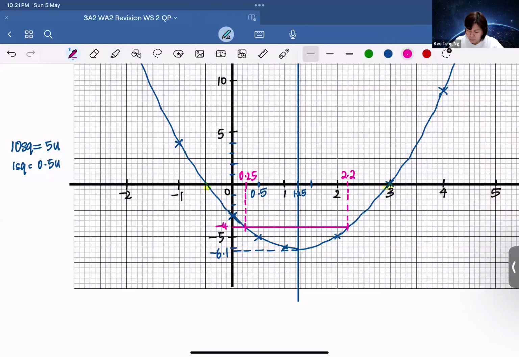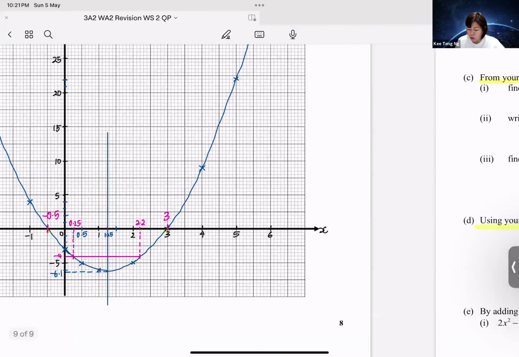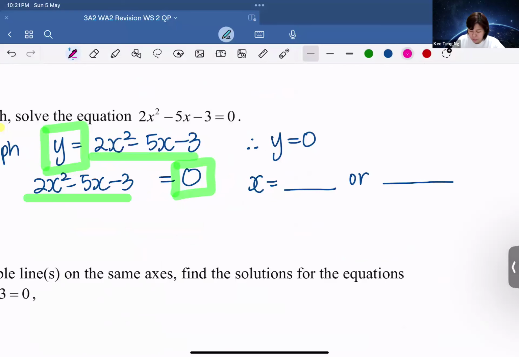First answer, this one will be negative 0.5, and this one will be 3. So when y equals 0, x equals negative 0.5 and or 3. Okay, two answers. Have you gotten the concept?